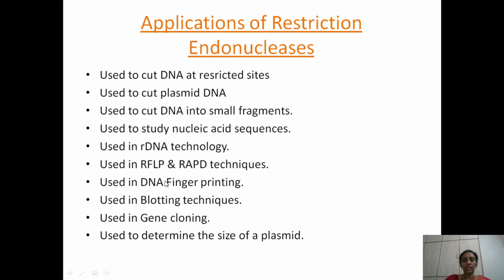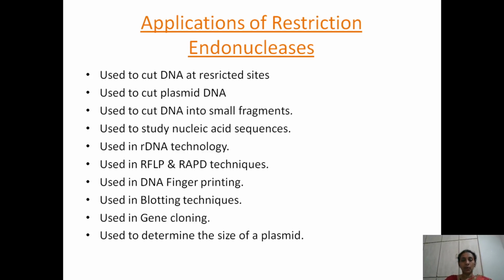Next, they are used in DNA fingerprinting. This is the most useful technique nowadays. In order to find the parentage of a lost baby, as we see in movies and serials, DNA testing, that is nothing but DNA fingerprinting. Here we identify who is the exact parent of the child.